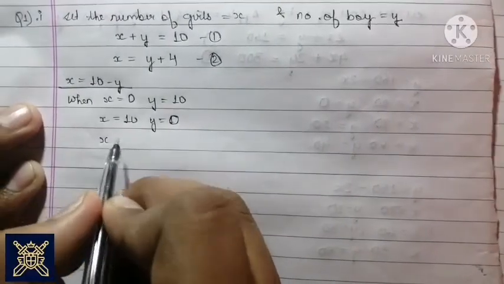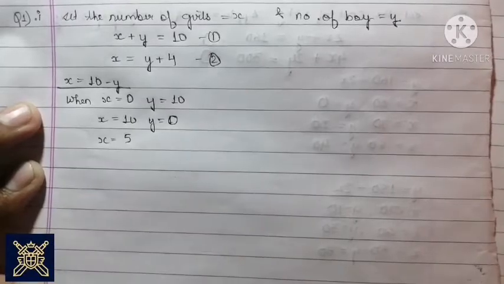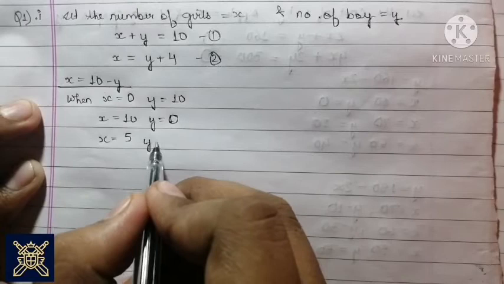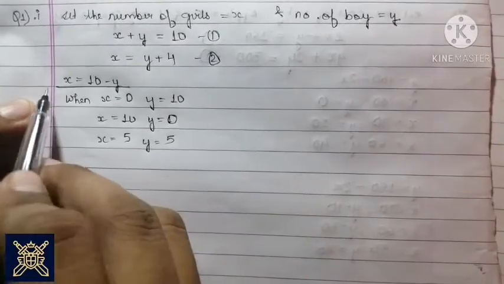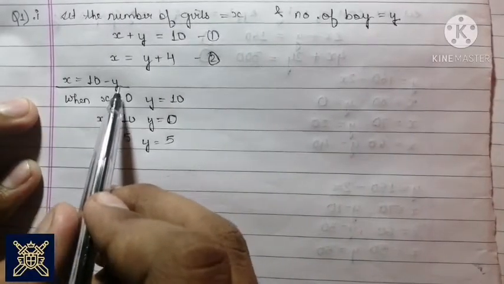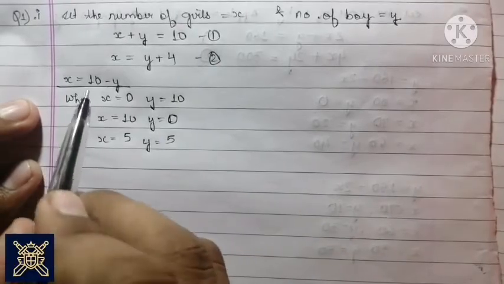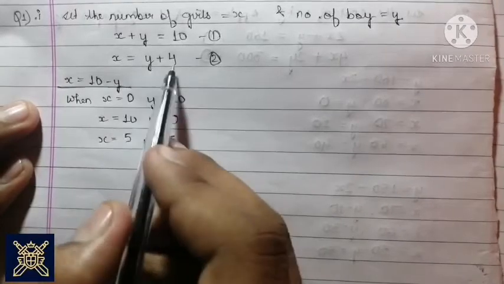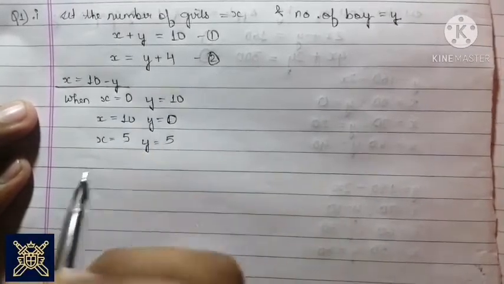Now when we take x equal to 5, then y will also be equal to 5, because 5 minus 10 gives minus 5, which is equal to minus y. This implies that y is equal to 5. So we have got the points for this line. Now we take the second equation, x is equal to y plus 4.